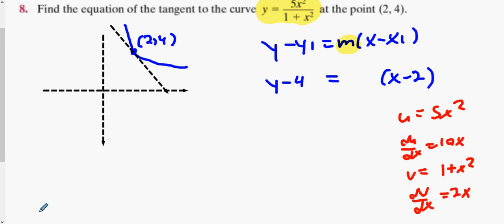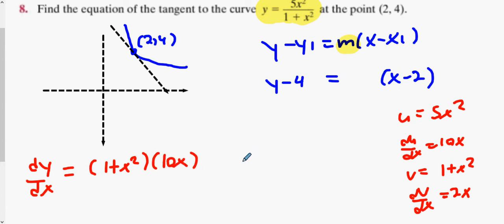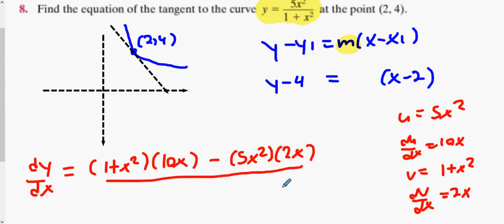And we do dy dx: 3 times the u dx, which is times v, minus u times the v dx, all over v squared, which is 1 plus x squared, all squared.